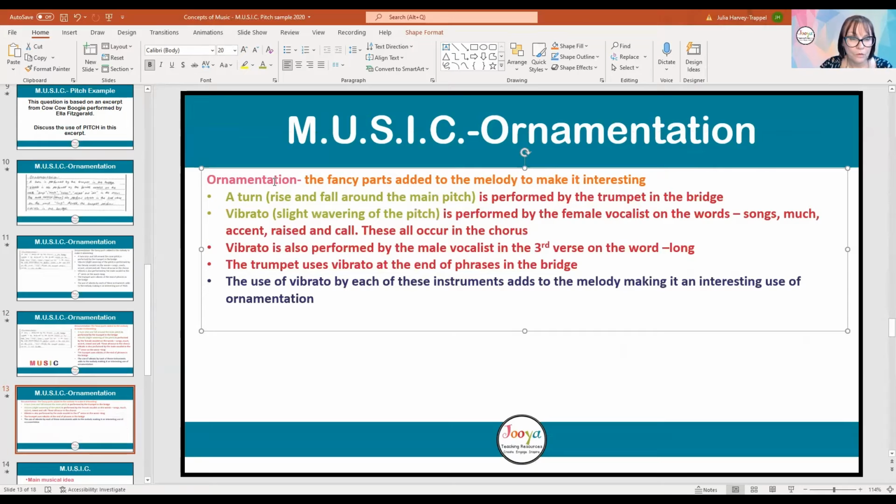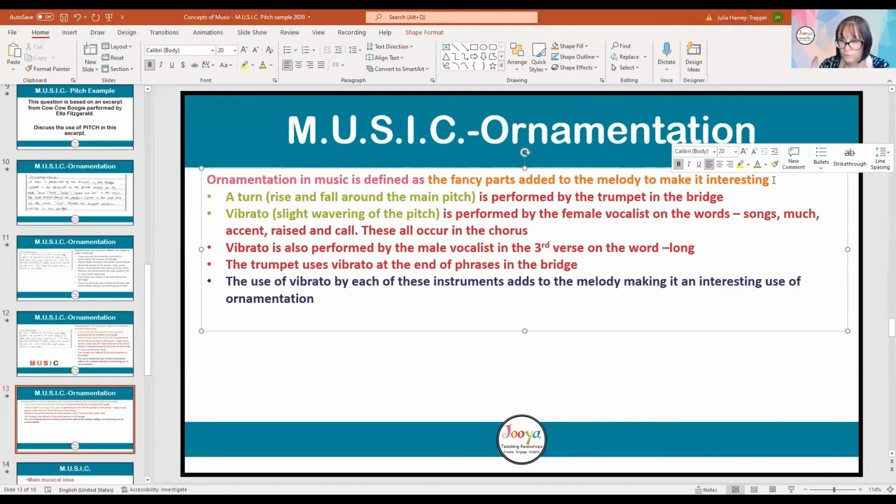So ornamentation in music is defined as the fancy parts added to the melody to make it interesting. Okay, full stop.